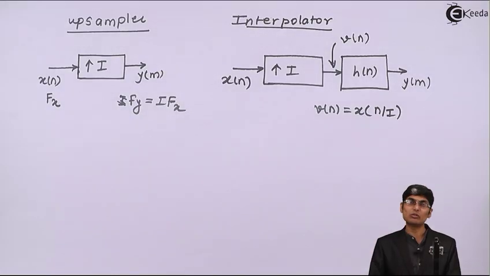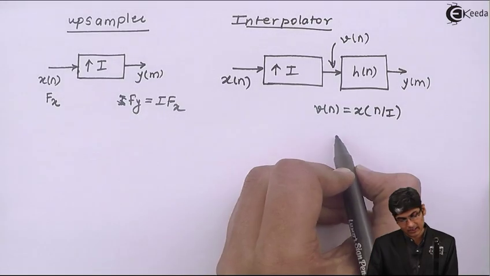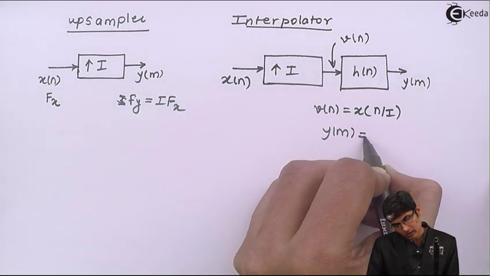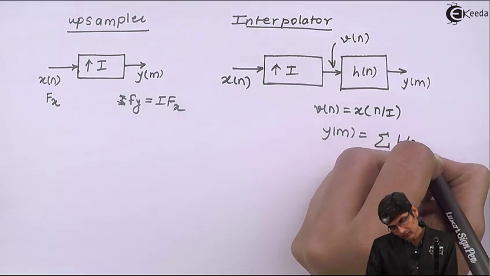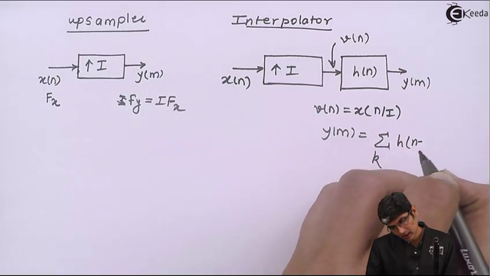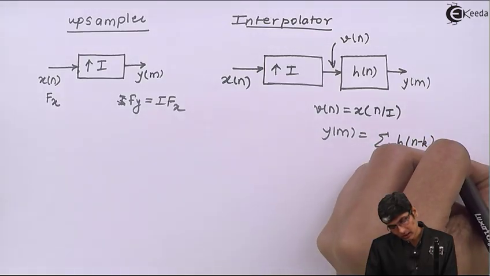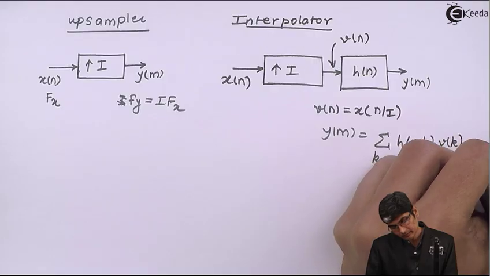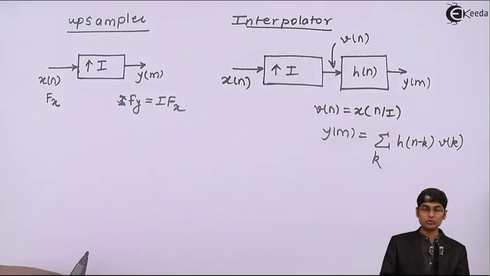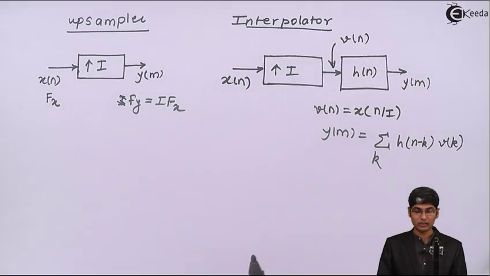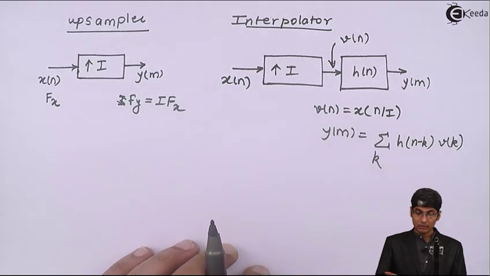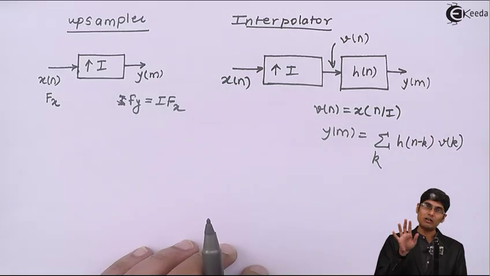and then I am going to filter it out. So y of m will be equal to the convolution, the sum over k of h of n minus k into v of k. So I will be doing the convolution of h of n minus k with v of k, and I am going to get y of m. But remember that v of n and y of m are one and the same.